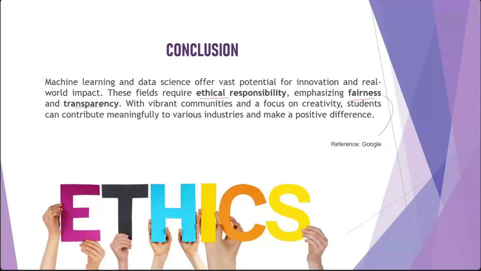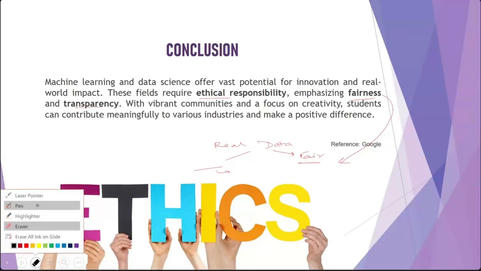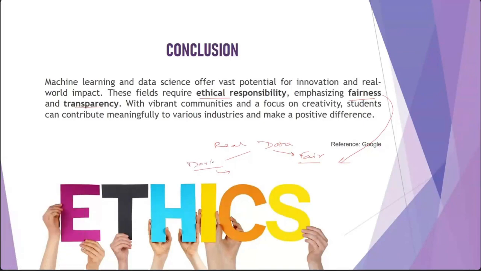What does fair mean? Fair means that if I collect real data which says that people with dark complexion make more crimes, and people with fair complexion make fewer crimes, this is unfair data.